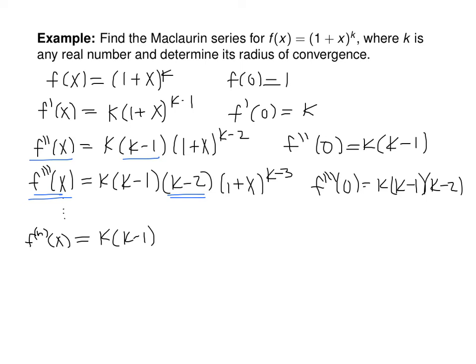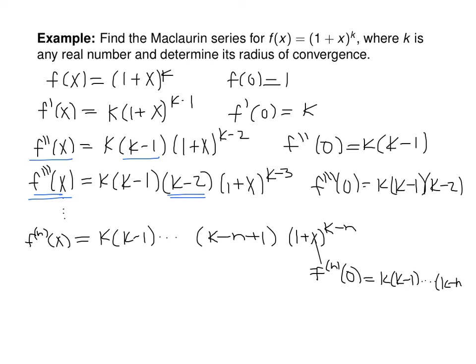So the last term in that product is k minus n plus 1. Then the power on the (1 plus x) will be k minus n, and the nth derivative at 0 will be k times (k minus 1) multiplied down to (k minus n plus 1).